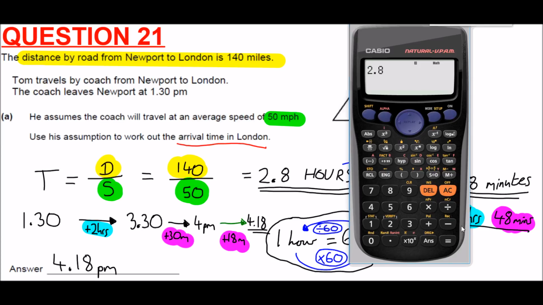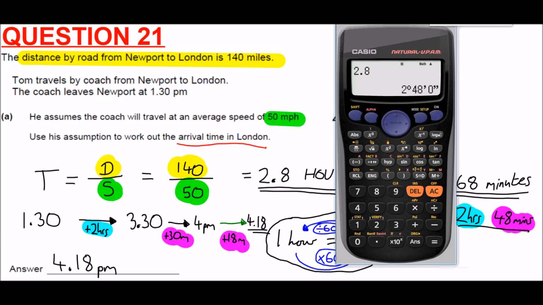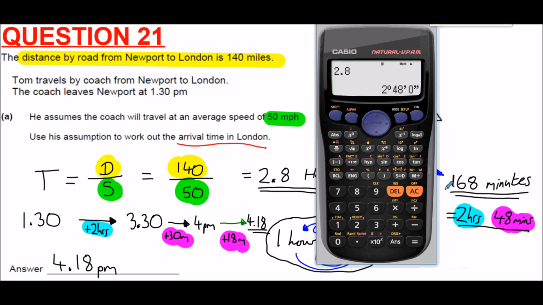But if we type in 2.8 and press equals, this button here, which looks like apostrophes, if we just press this button here, it converts it for us into hours, minutes and seconds. And so 2.8 hours is 2 hours, 48 minutes and no seconds, which is what we worked out before, but it was much harder doing that on your own.